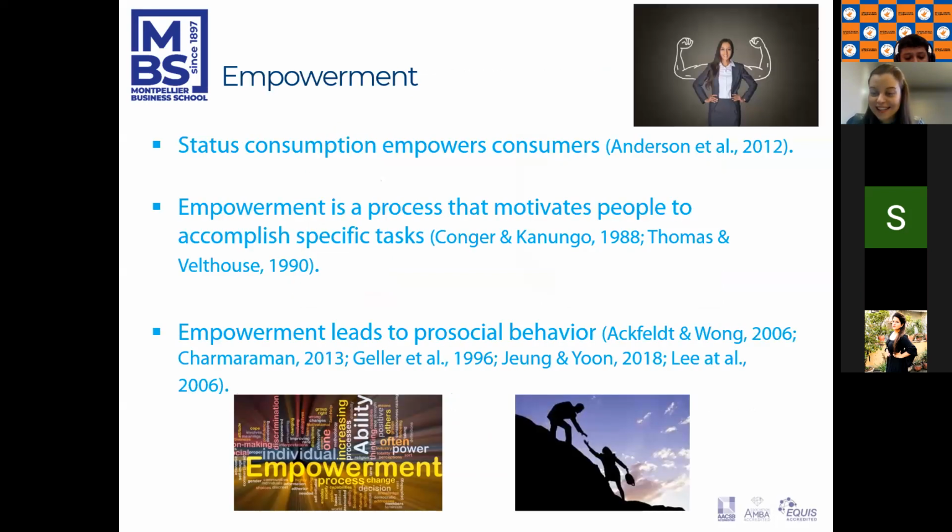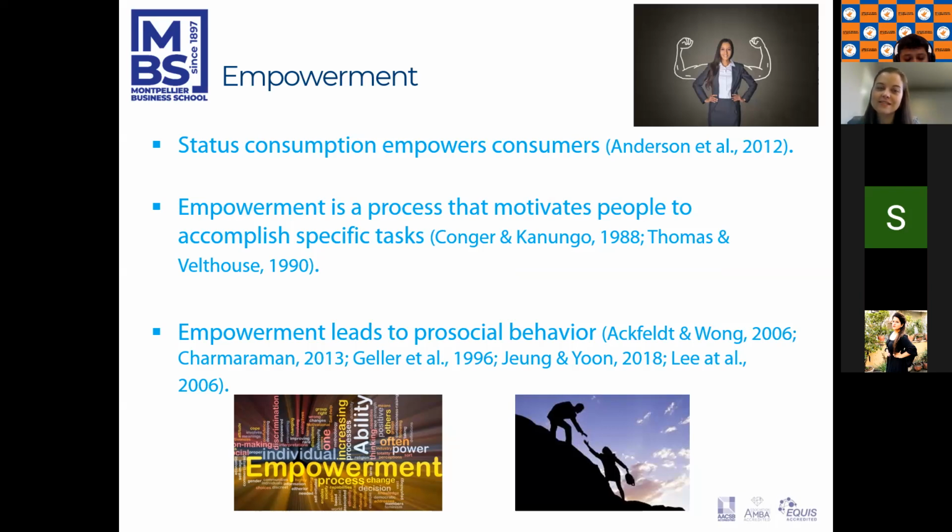What we found in the literature when we started studying these two phenomena was that status consumption, so again, consumption of luxury products such as luxury handbags, branded clothes, etc., tends to empower consumers. What do I mean by empowerment?